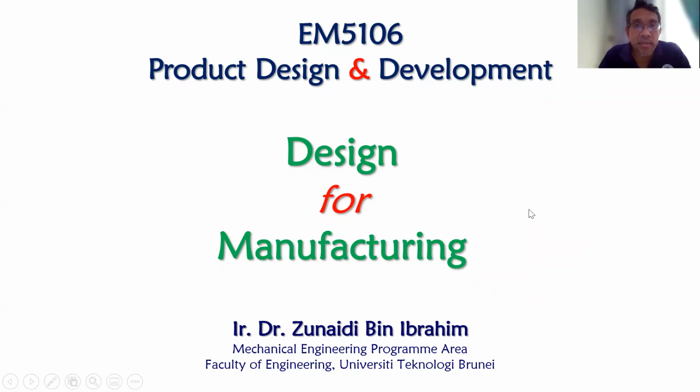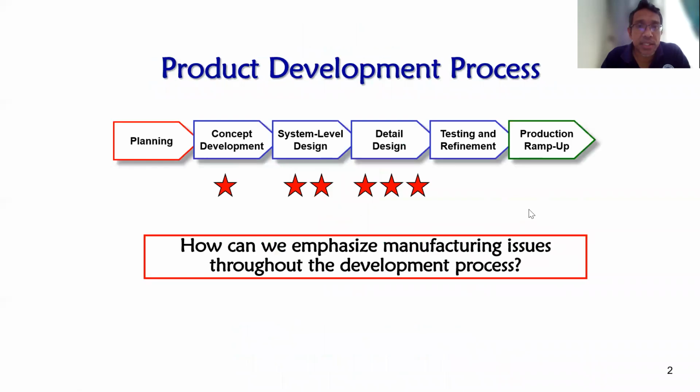Good morning, everyone. So our class today is design for manufacturing. There are quite good topics. It is very interesting because we already learned about product architecture and then industrial design.